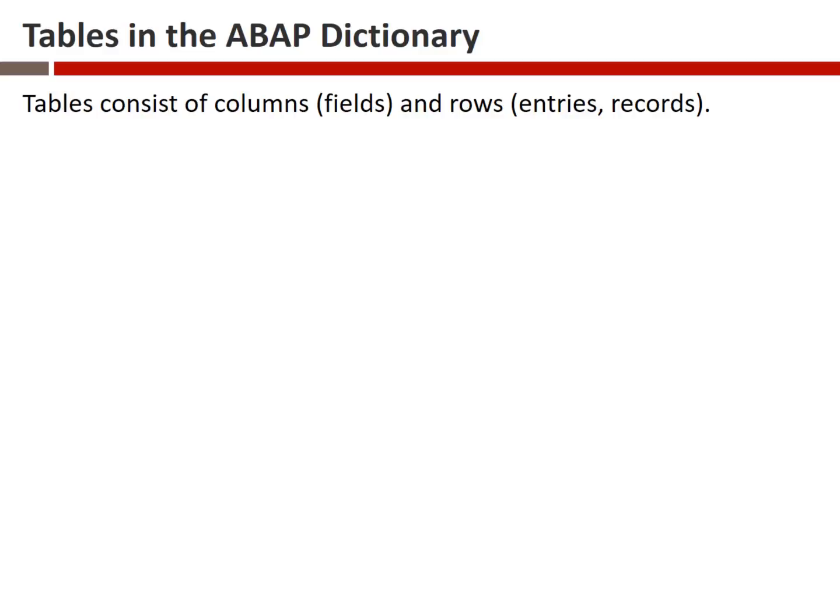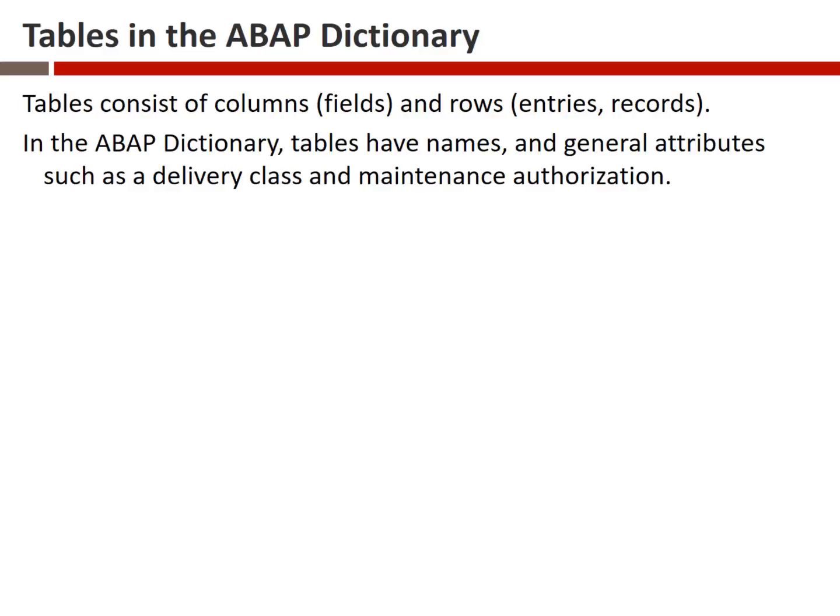We have the columns or fields, which define what the database table will be storing, and then you have the rows, which are actually the data themselves. We might refer to those as entries, we might refer to those as records, but they are fundamentally the data elements which are stored in the table.